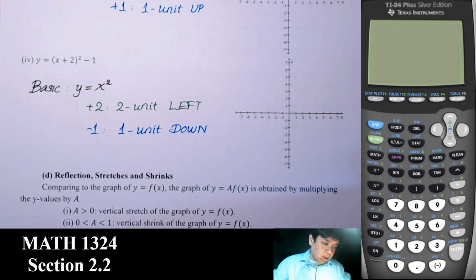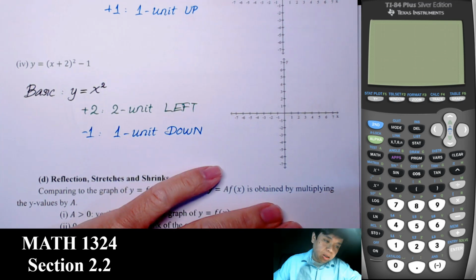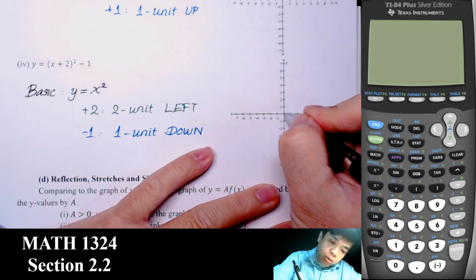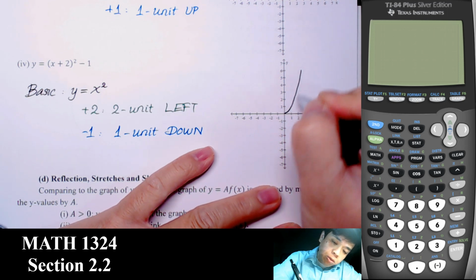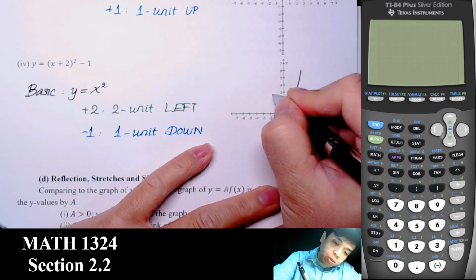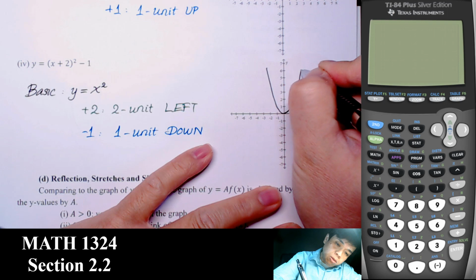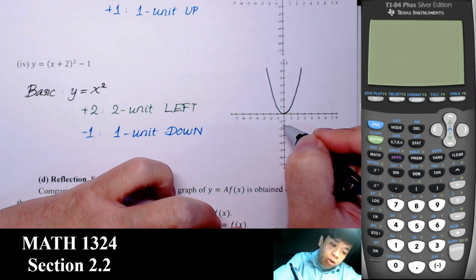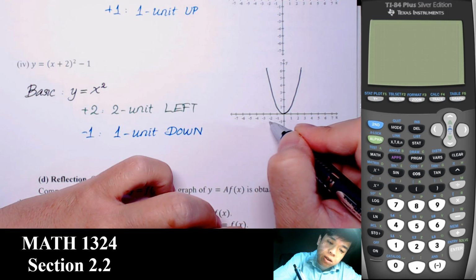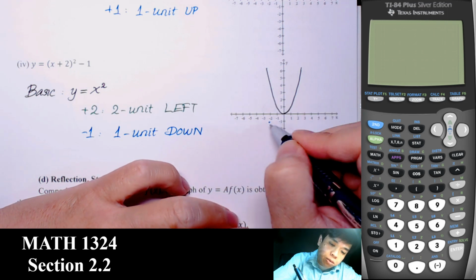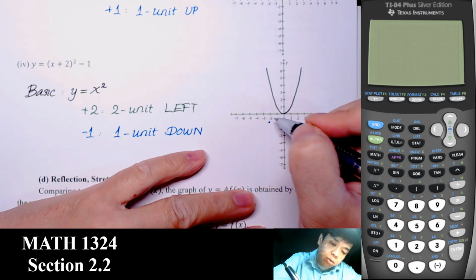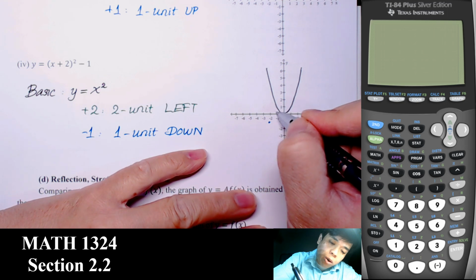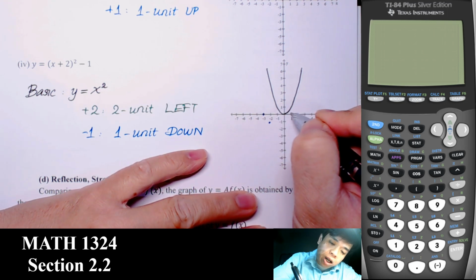So we start with a square, quadratic. 1 down, 2 to the left.